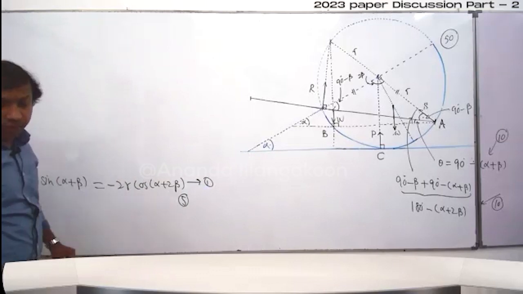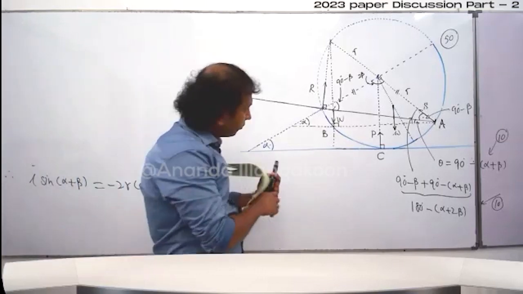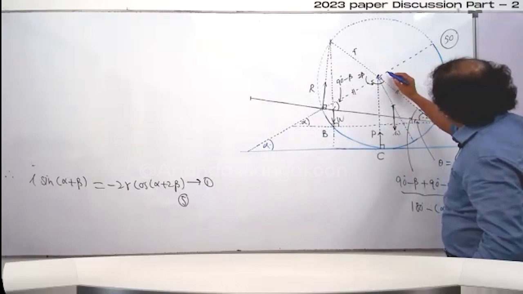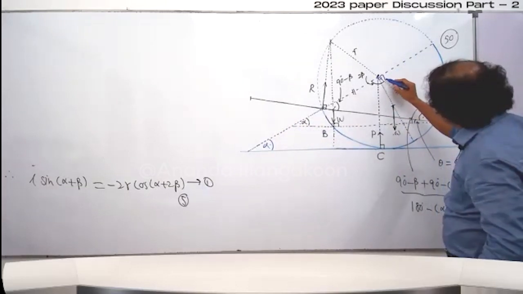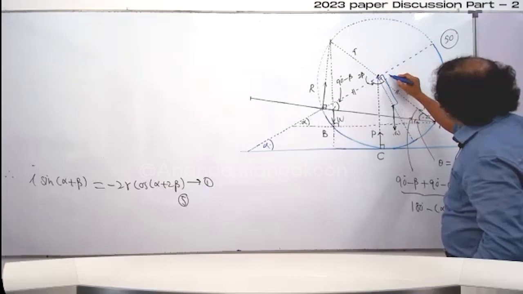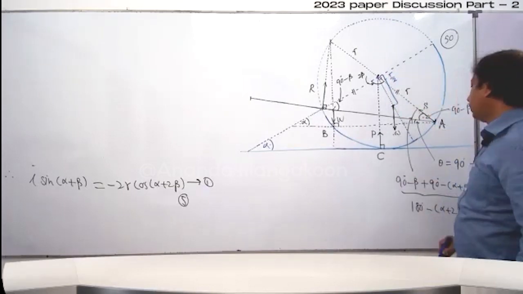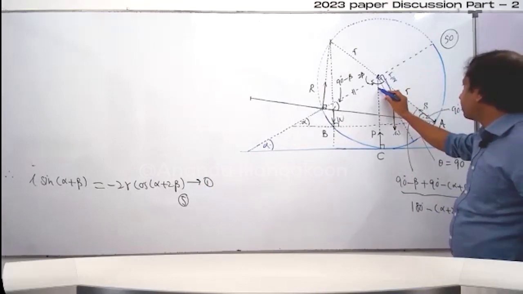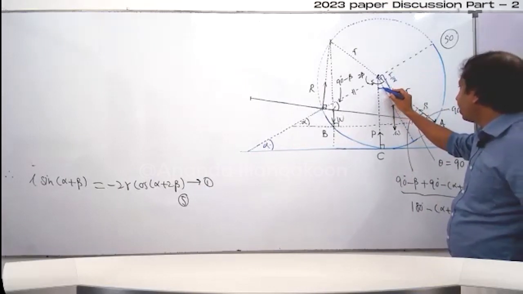You know, people, here the length from here to here is R by 2. Now, this angle, how to find this angle? That angle we can very easily find.